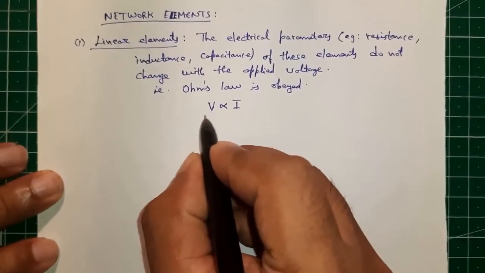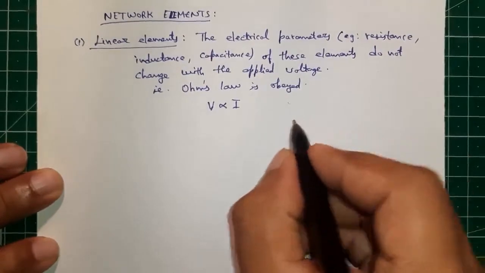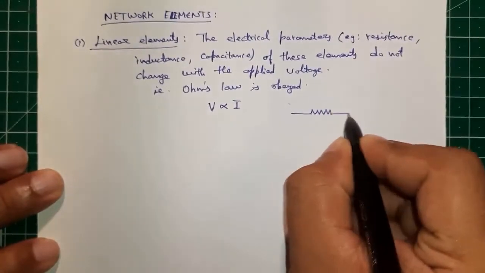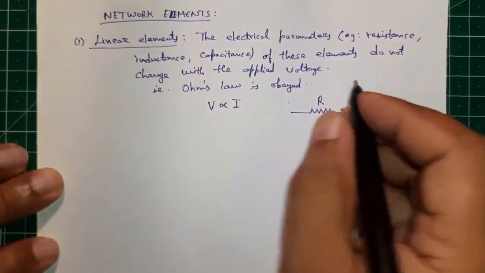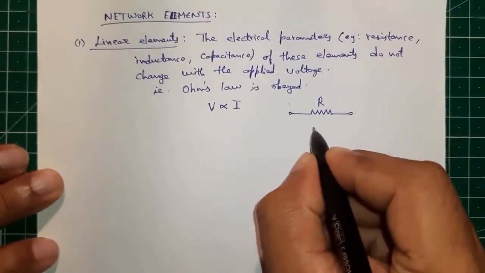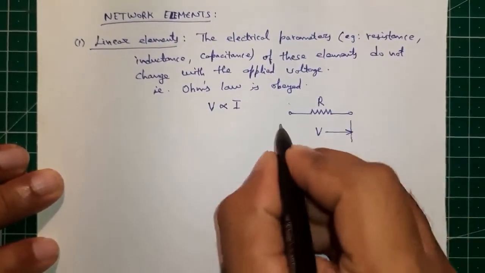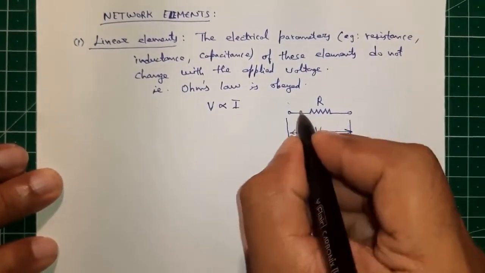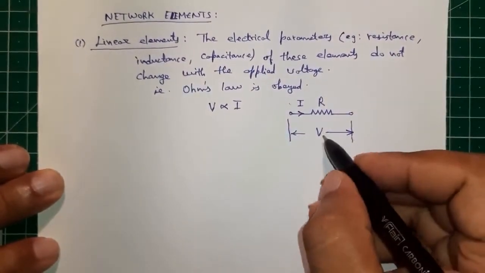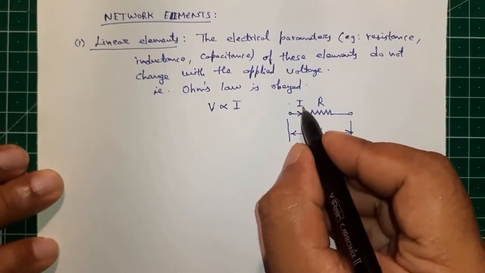For example, if we take a resistor having a resistance value R, and we apply a voltage V across this, current, say I, is going to flow. So as we linearly increase the voltage V, I is going to linearly increase.